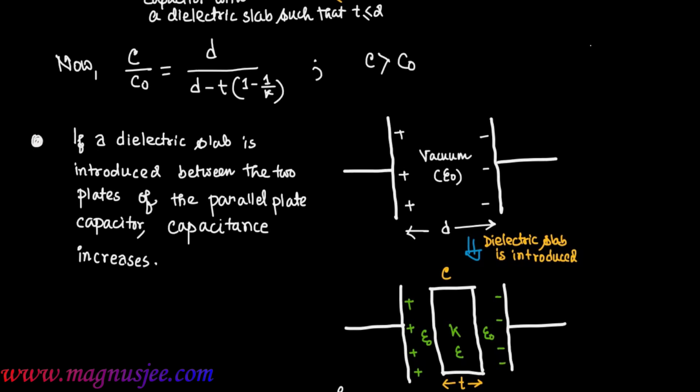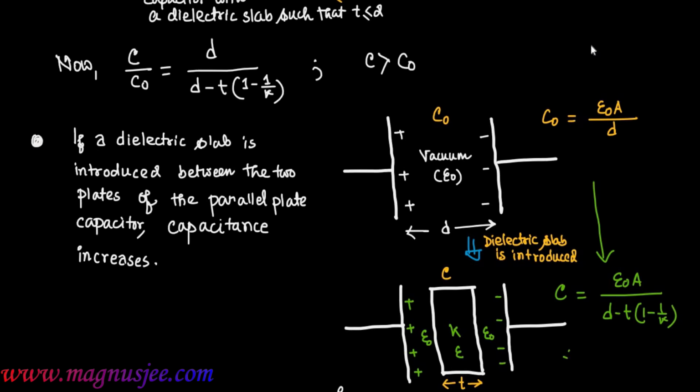In the diagram, the capacitance with vacuum was C0, which was epsilon 0 A divided by d. Now capacitance increases to C equals epsilon 0 A divided by (d minus t) into (1 minus 1 by K).